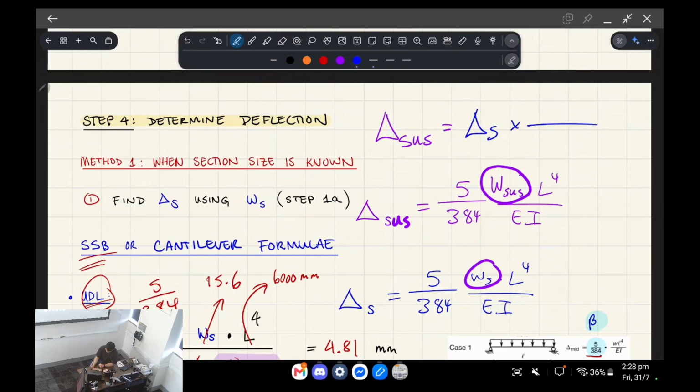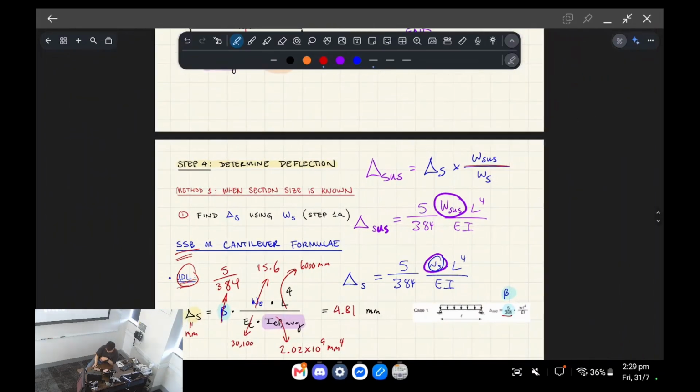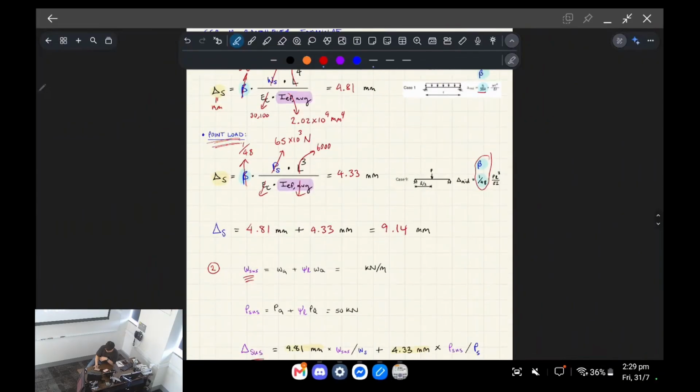You divide out the previous value for the short-term load and multiply by the sustained load. So we're just doing a ratio: divide out the old loading number and multiply by the new loading number. Does that make sense? This is like 100 times faster. That's going to be our formula for the sustained deflection.